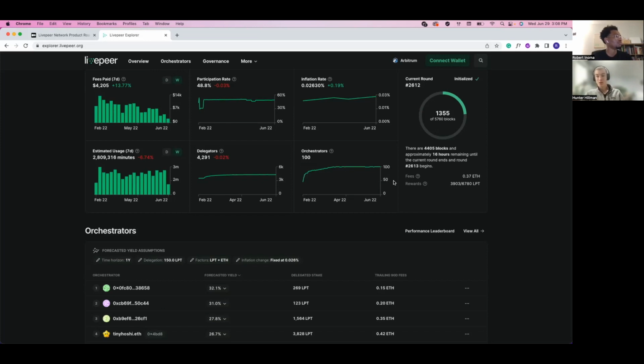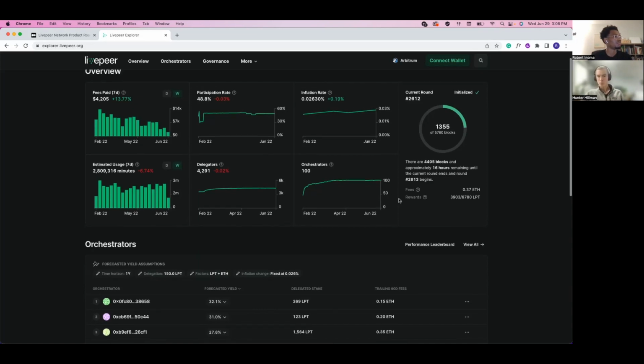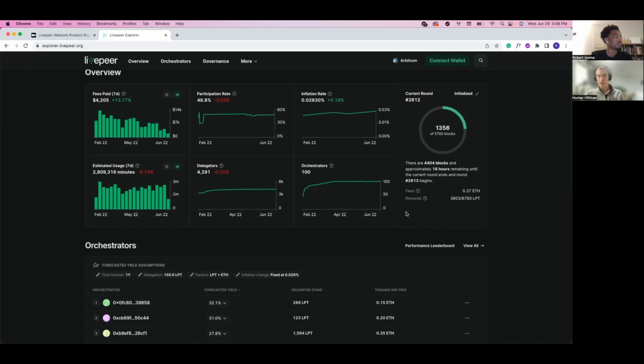I think it's important to note that there's a protocol limit right now on the number of orchestrators. So that's going to be capped at 100. So right now, this chart may flatten out a bit. In the longer term, there's definitely an interest in increasing that limit, which is why we've kept it here, even though there is a sort of a protocol target.